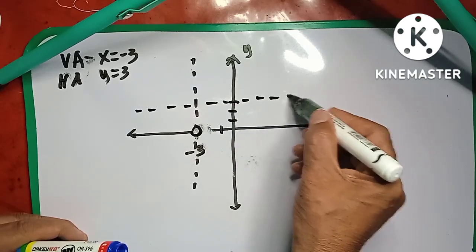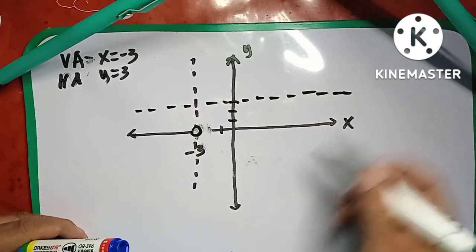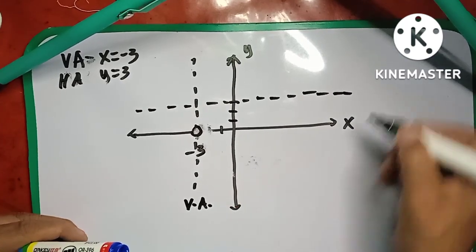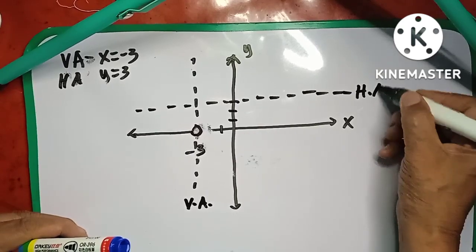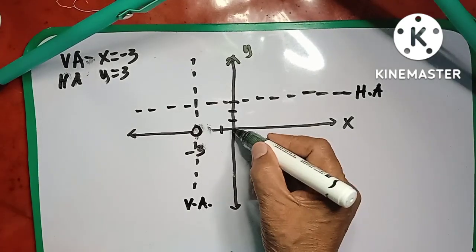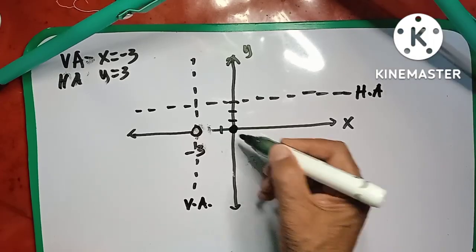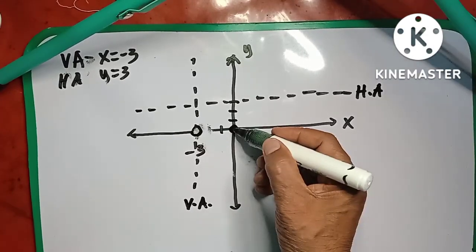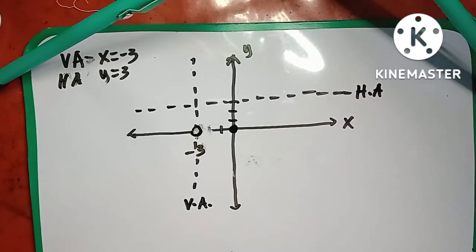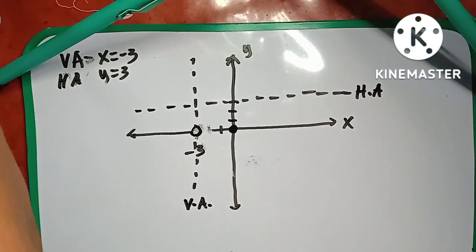So this is VA, and this is HA. The y-intercept and x-intercept pass through the origin.